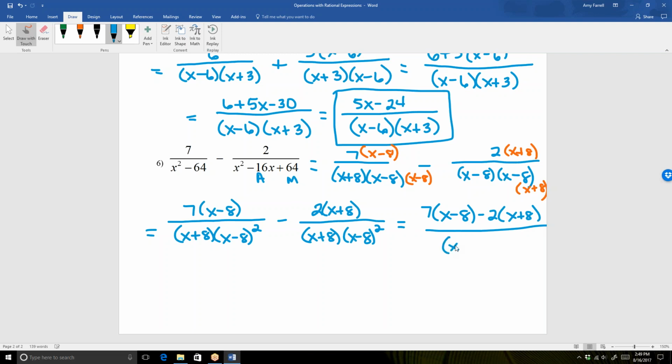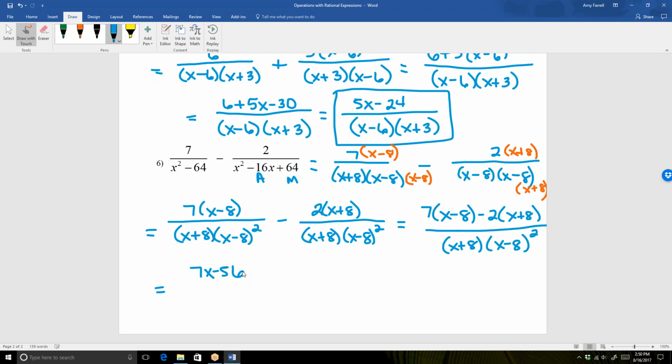Now, I always like to wait, like I mentioned, till the very end to distribute, because if you distribute at this step, you get 2x plus 16, and you might forget that this minus applies to both of those terms. So it's actually going to be minus 2x minus 16 when we go to subtract the numerators. That's why I like to wait to distribute. I feel like students make fewer errors with that sign there.